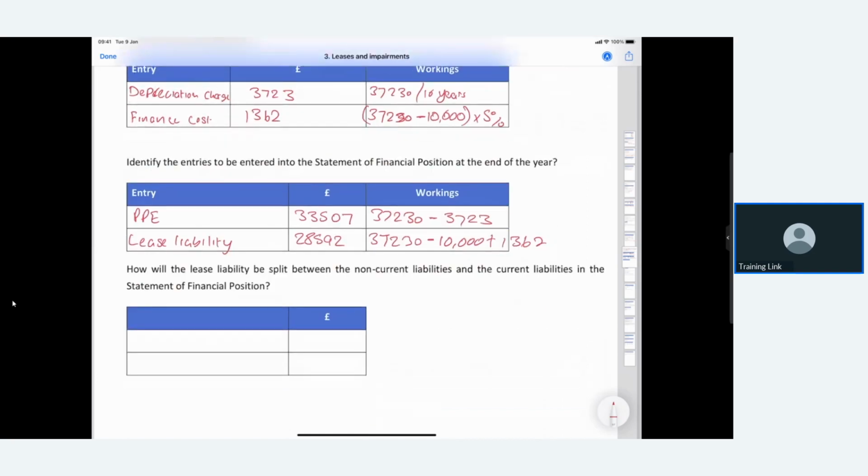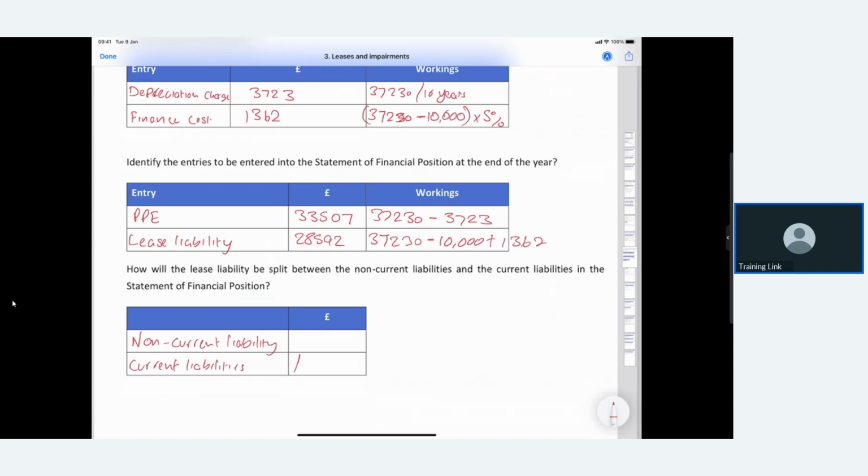How will the lease liability be split between the non-current liabilities and current liabilities in the statement of financial position? So remember that non-current liabilities are expected to be paid beyond 12 months, whereas current liabilities are expected to be paid within 12 months.